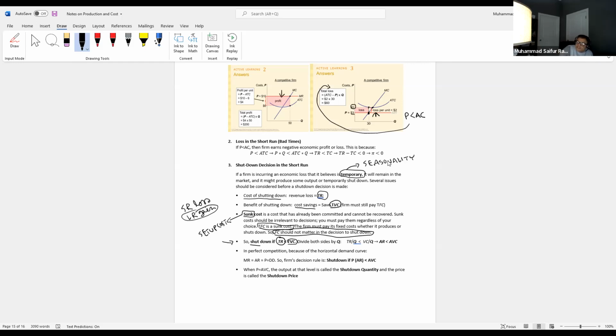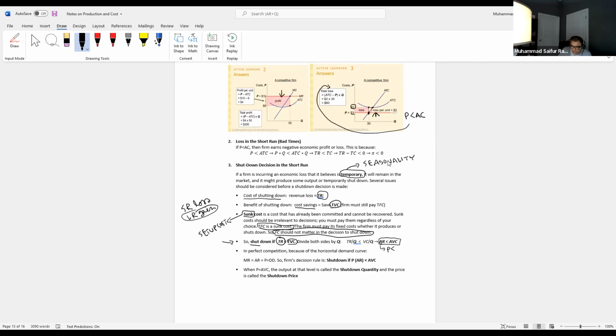So this is the shutdown condition where total revenue is smaller than total variable cost. We can divide both sides by Q, and we find that the shutdown condition will be found where average revenue is smaller than average variable cost. Now, from our previous discussion, average revenue is equal to price in perfect competition.